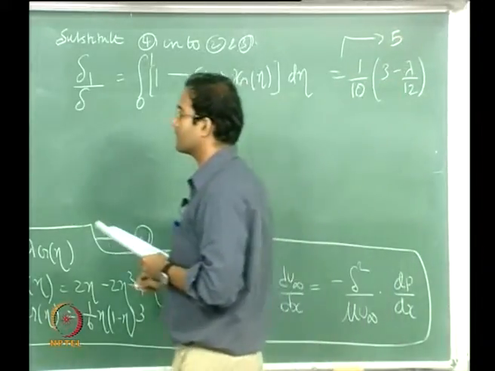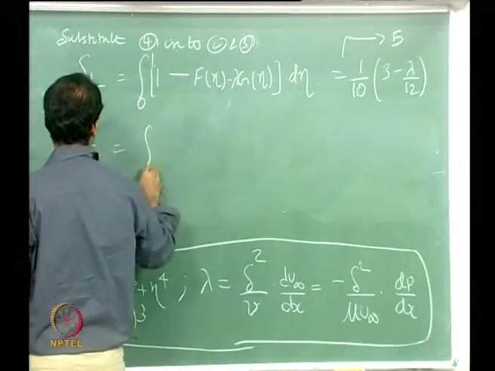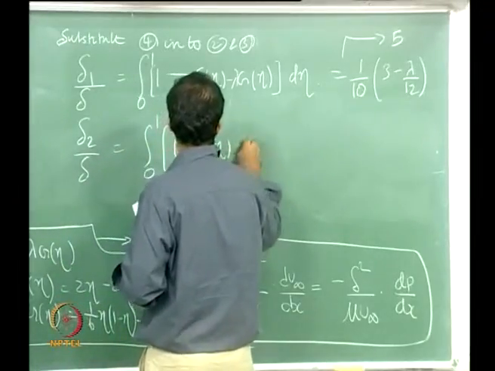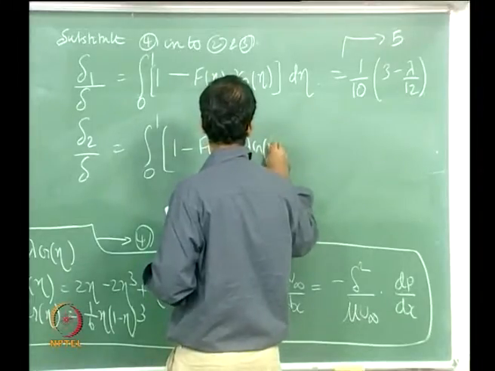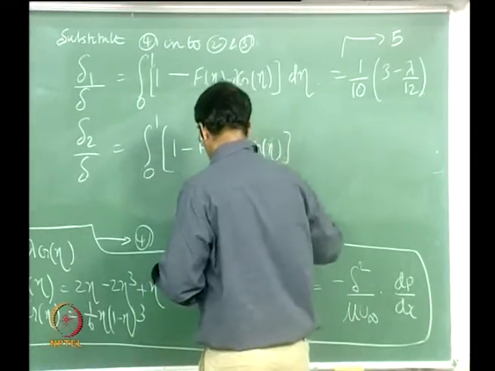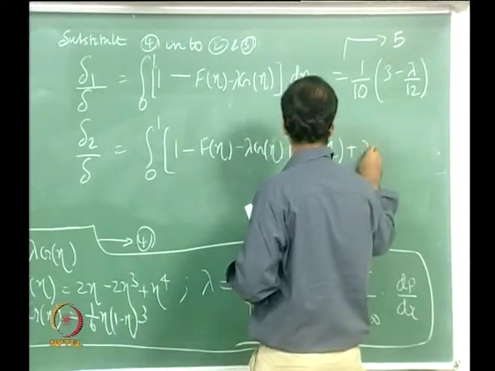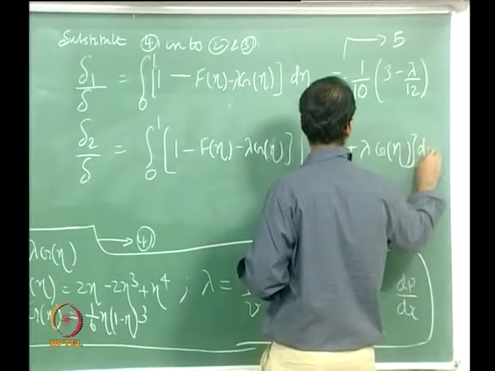Alright, so similarly if you substitute into the momentum thickness and integrate it, this is 0 to 1 of f of eta into 1 minus f of eta plus lambda g of eta, d eta.